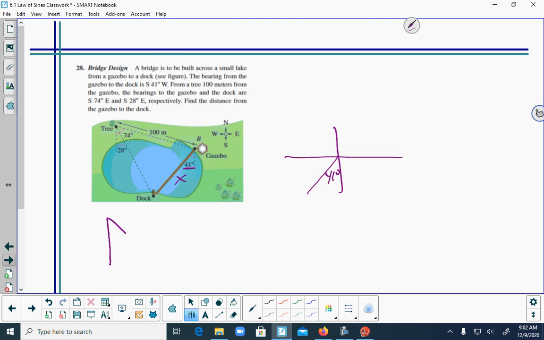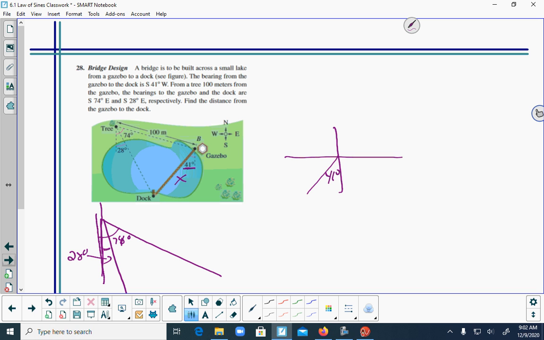I'm going to draw a mini version of this. I don't like that. Let me try this again. So this is 74 degrees, this whole thing. And then going to the dock is only 28 degrees.